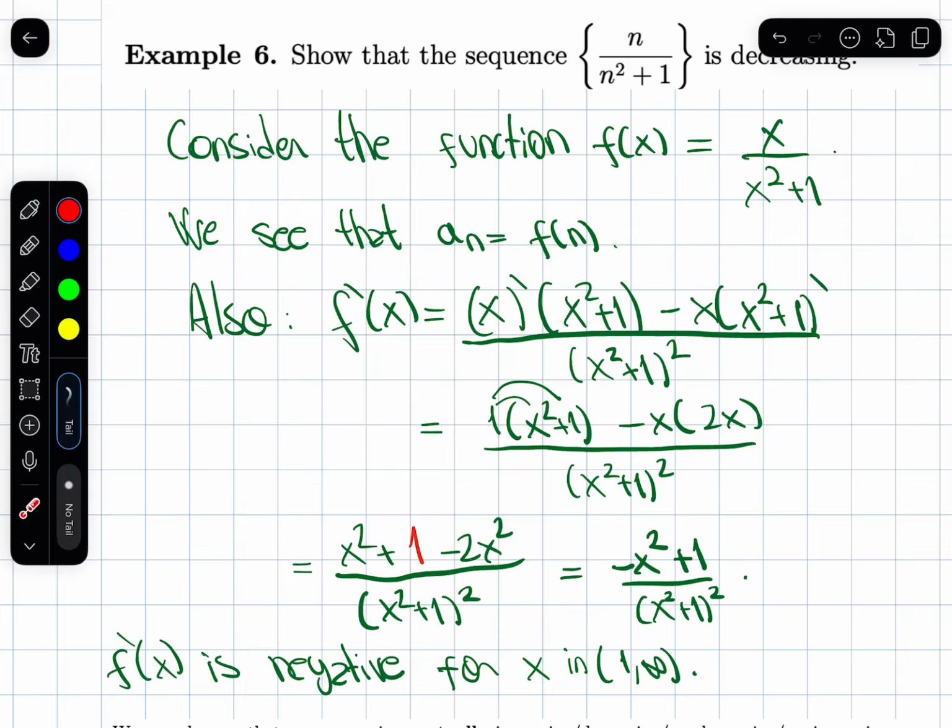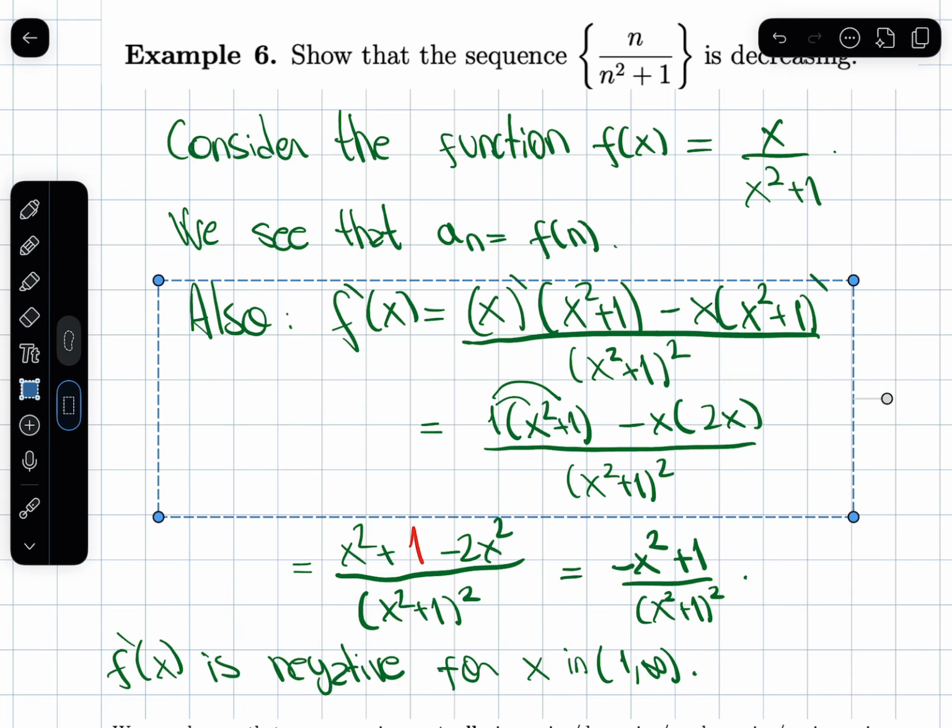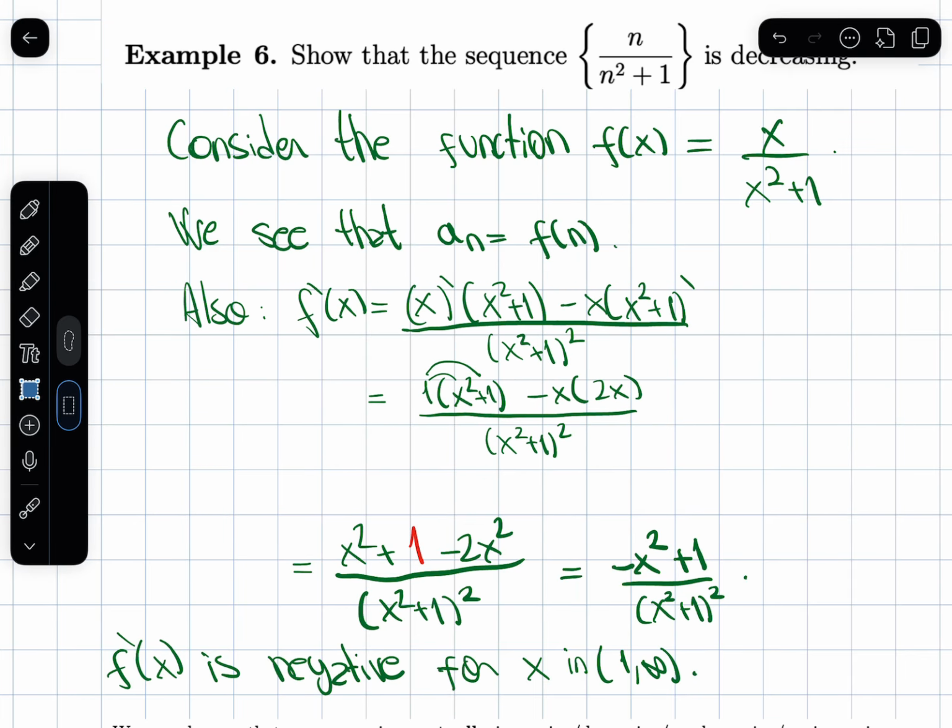As long as x is greater than 1, then x squared is going to be bigger than 1 as well. And when you do 1 minus x squared, you'll end up with a negative on the top of the fraction. And the bottom is something squared, which is positive anyways. So the negative at the top dominates the behavior of the function, which means that this function is decreasing.